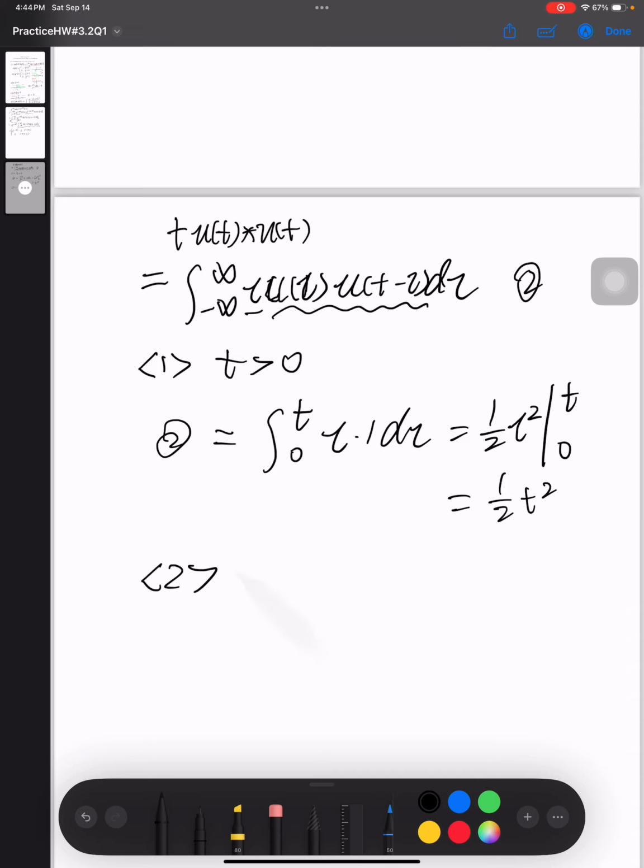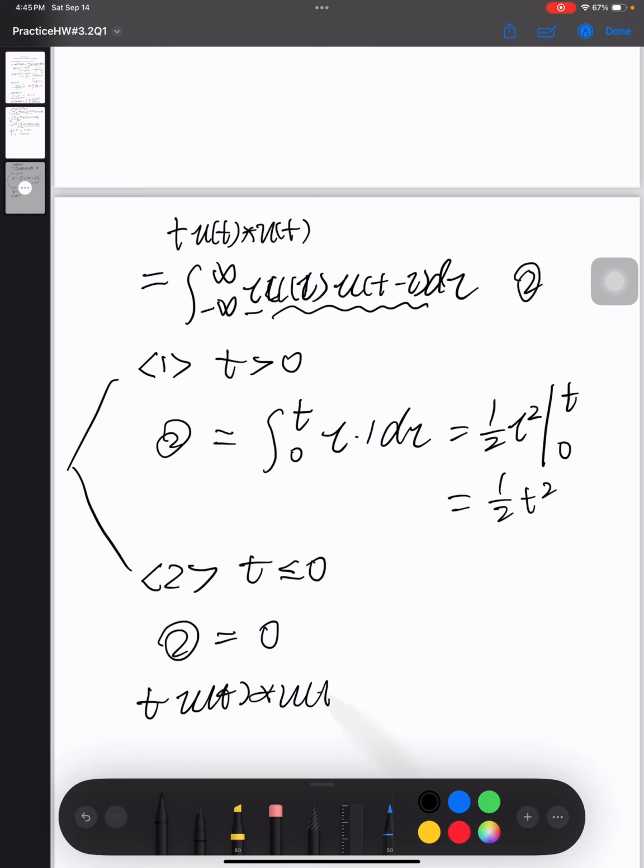And when t is smaller than or equal to 0, equation 2 is just directly equal to 0. So combining 1 and 2, we get the final result. The convolution of t u(t) with another u(t) equals 1 over 2 t squared when t is larger than 0, otherwise it equals 0. So that's the result of this problem.